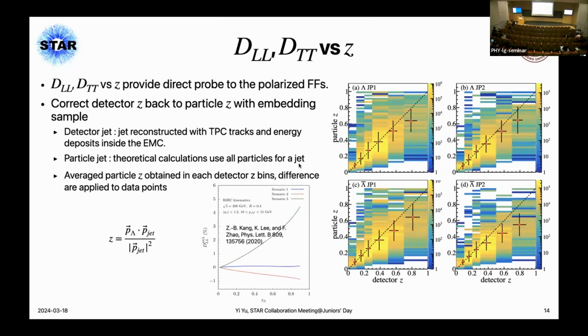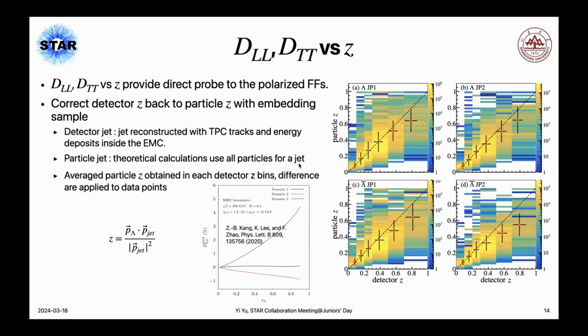So in order to compare our measurement to the model calculation, a correction was applied to the detector Z. In each detector Z bin, we calculate the average particle Z using the embedding sample, and the difference between detector Z and particle Z is treated as the correction and applied to the data point.